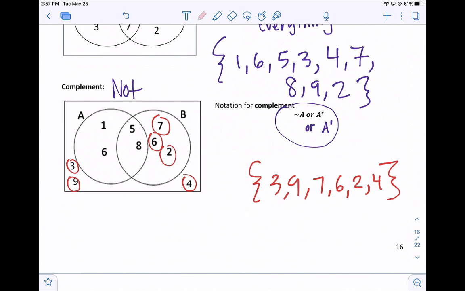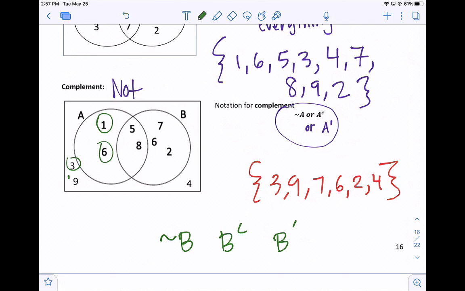I could say what's not in set B, so it might look like this, or this, or this. All those three things mean not in set B. Not in set B would be the 1, the 6, the 3, the 9, the 4.